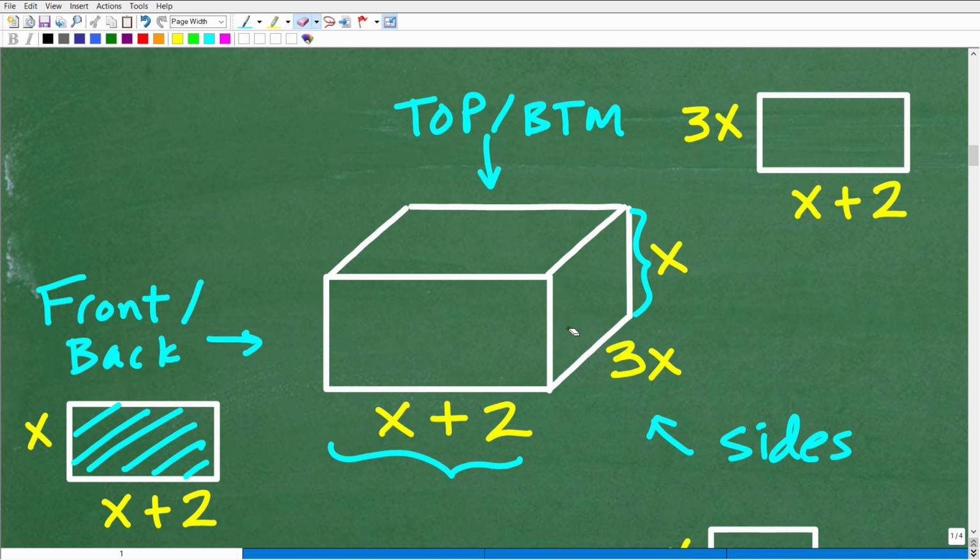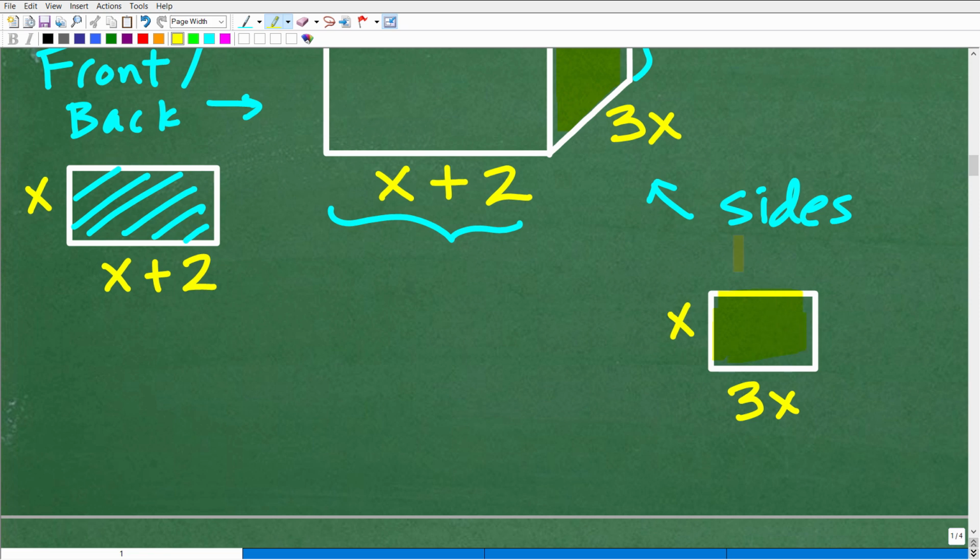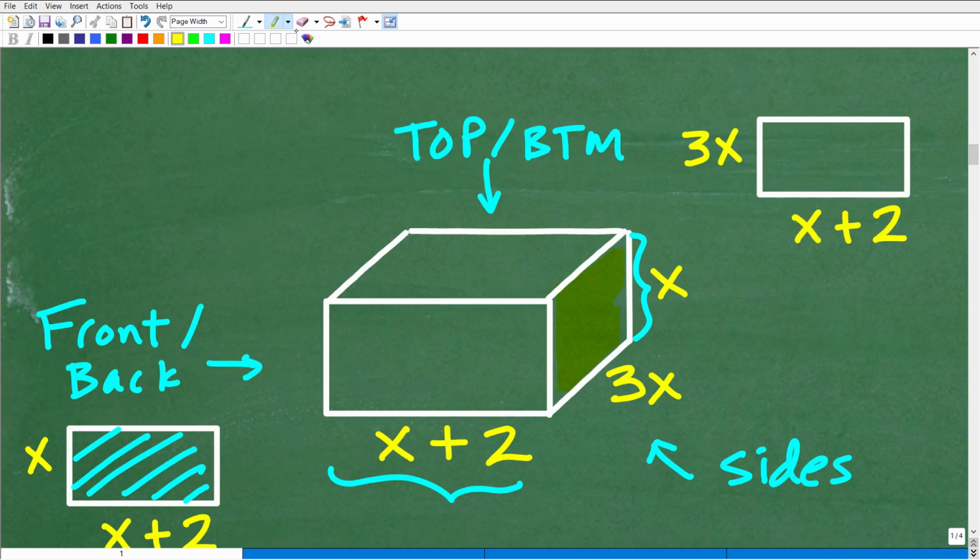Okay, so now let's move on to the rest of these. Again, we talked about the side, so here is x times 3x, and that's the sides, and of course we have two sides. Then we're left with the top and bottom. What's this dimension here? Well, if this is x plus 2, this is also x plus 2.